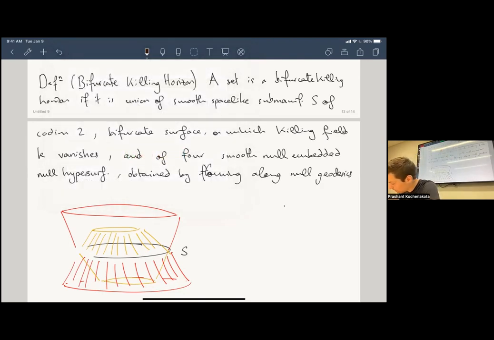So for instance, in Kerr, the outside of Kerr, this is S. That spacelike 2-sphere is at the meeting of the future event horizon and the past event horizon.